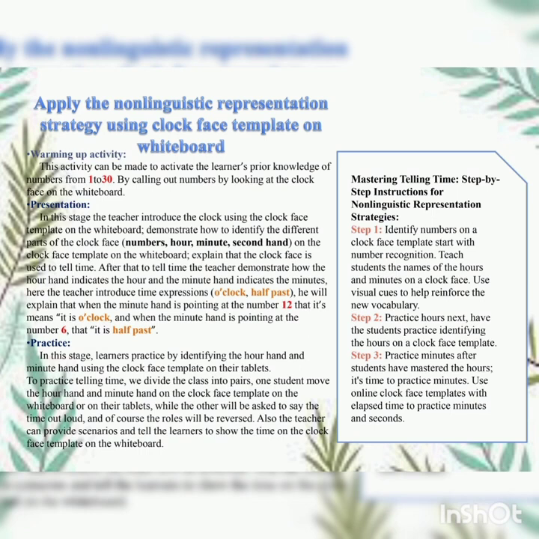After that, to tell time, the teacher demonstrates how the hour hand indicates the hour and the minute hand indicates the minutes. Here the teacher introduces time expressions: o'clock, half past. He will explain that when the minute hand is pointing at the number 12, it means it is o'clock, and when the minute hand is pointing at the number 6, it is half past.